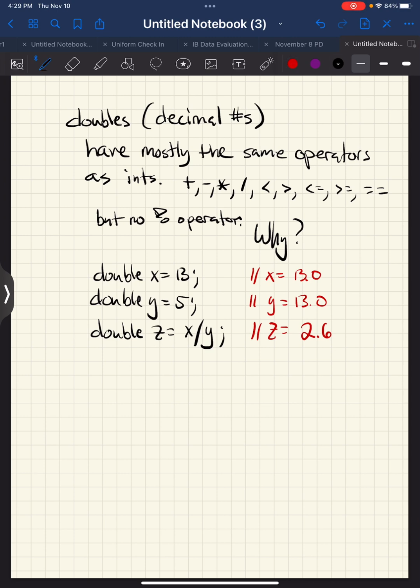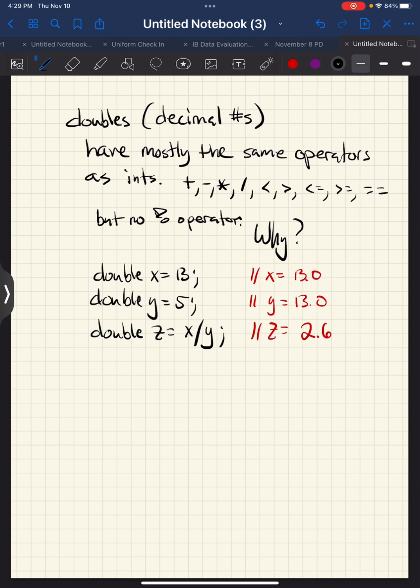Now, those operators operate differently for different types of variables. With Booleans, we don't have plus, minus, divide. Booleans have equals equals. If we're talking about strings, they don't have multiply and divide and subtract.